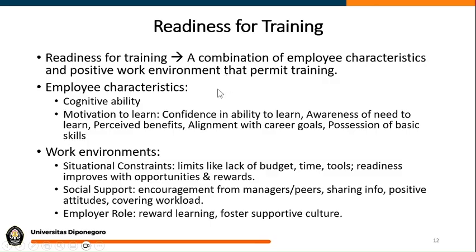So in terms of the employee characteristics, to make sure that your employee have sufficient readiness for training, they need to have sufficient cognitive ability, right? They need to have sufficient, let's say, intelligence to understand or to get through the training process.